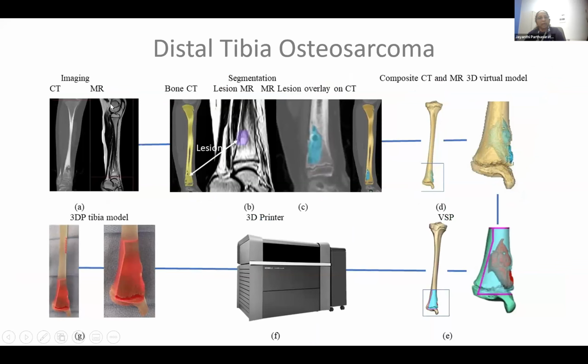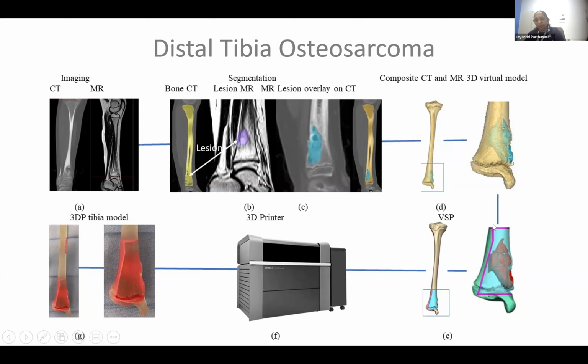So here's a similar tibia resection. Here we have an MR and the CT. Here's the overlay. And here the surgeon decided to leave a part of the posterior part of the tibia in space, the posterior and the distal part, so that the patient could have better anchorage of his ankle when they place the implant.